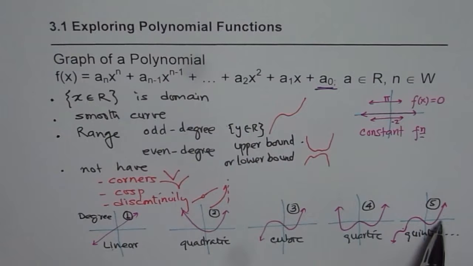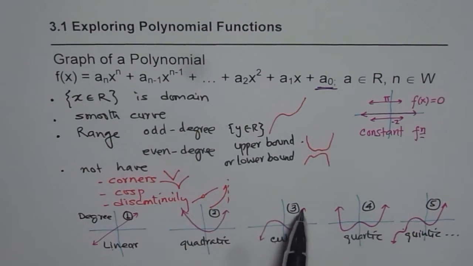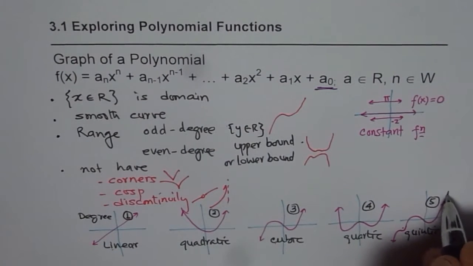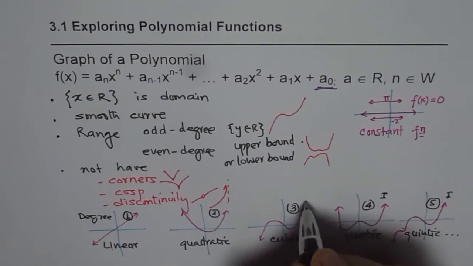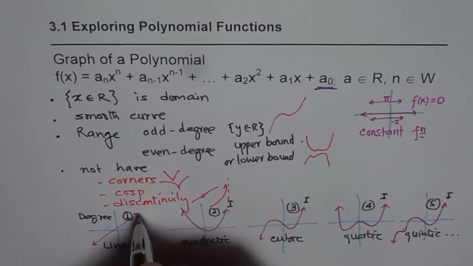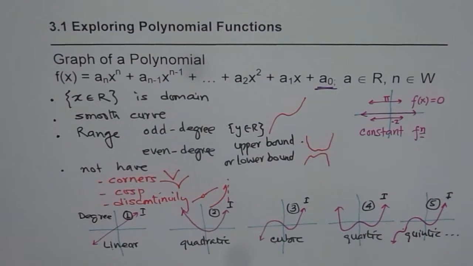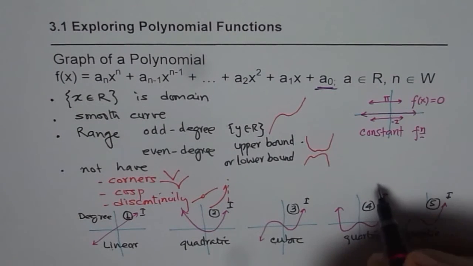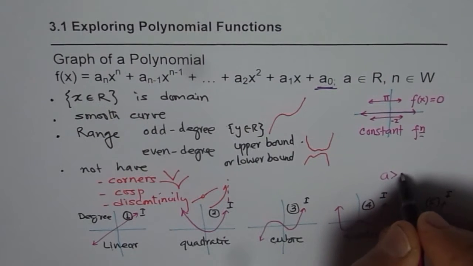The most important thing you see is, if the leading coefficient is positive, right side up. When I say right side up, they are all ending up in quadrant 1. We'll explore these details more in characteristics 3.2. So this is when the leading coefficient is positive, when a is greater than 0.